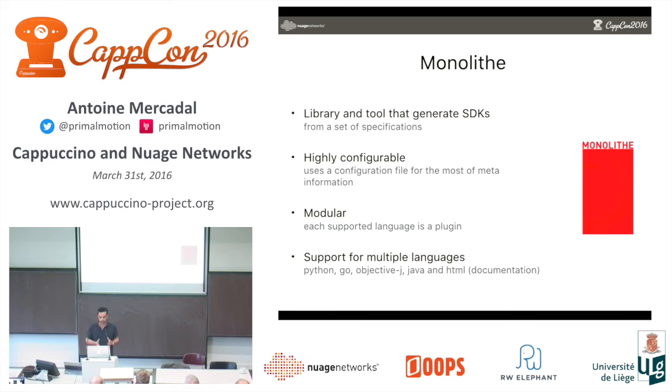Monolith can generate SDKs, and I'll come to that later, in different languages, like HTML for documentation. We have Java, Objective-J of course, Go, and Python. And you can add more plugins if you want to generate code out of the specification using Monolith. So let me follow my notes here.